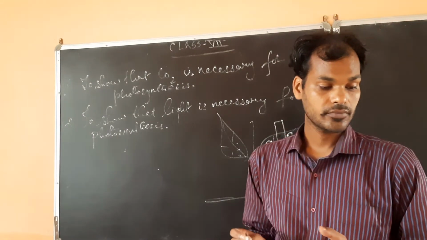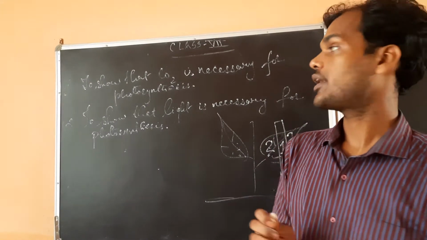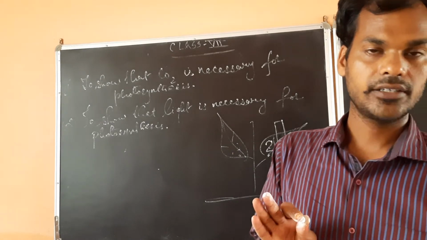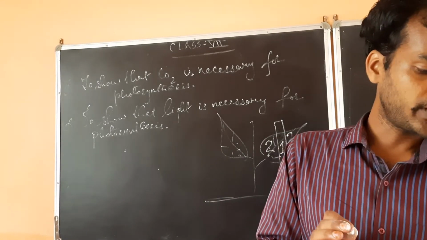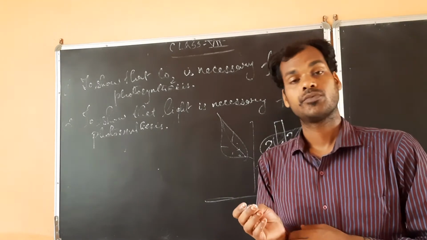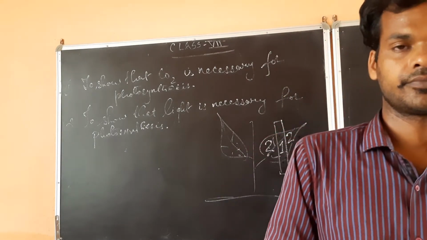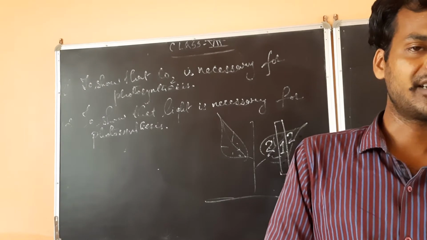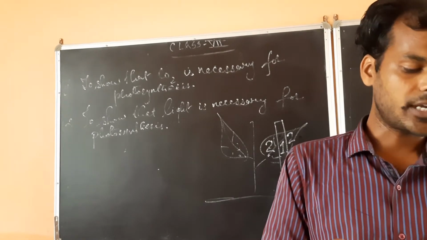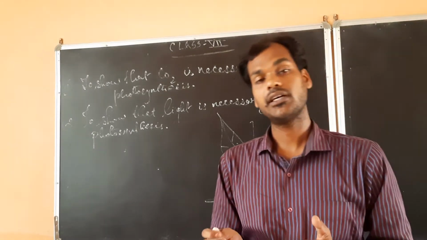Then, first we have to de-starch that particular plant. Afterwards we have to keep that plant in sunlight. After 5 to 6 hours we have to test it for starch.